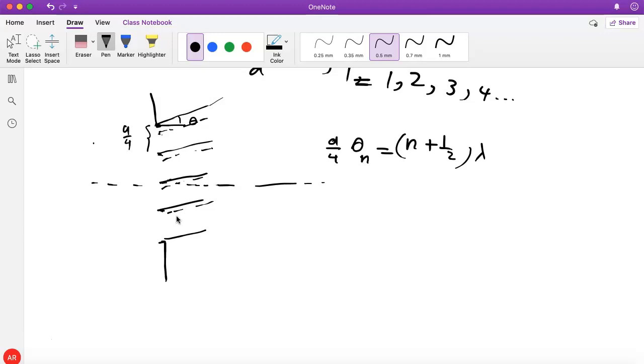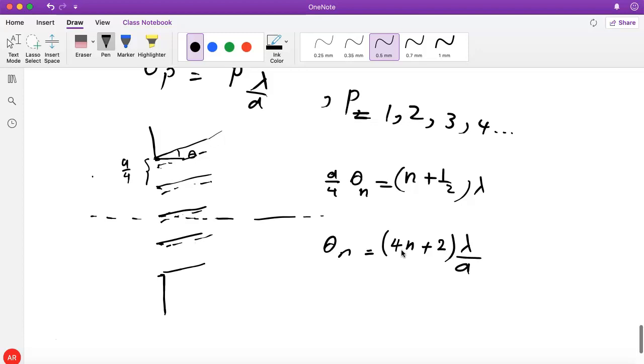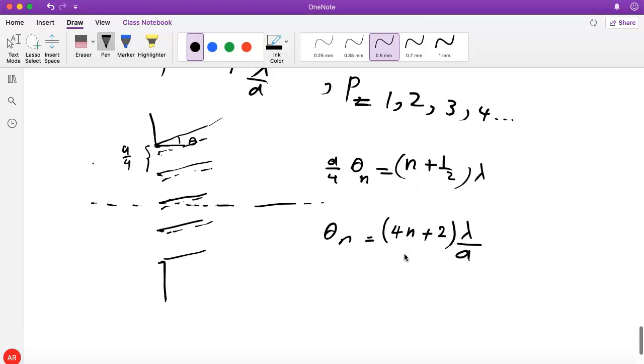So that gives me theta n is four n plus 2 times lambda over a. Again, some integer multiple, so now some even integer multiple.